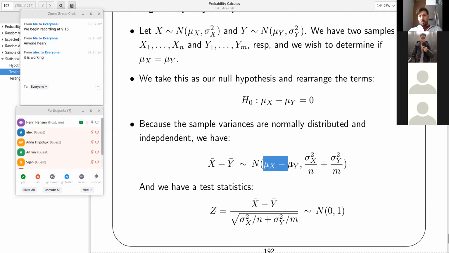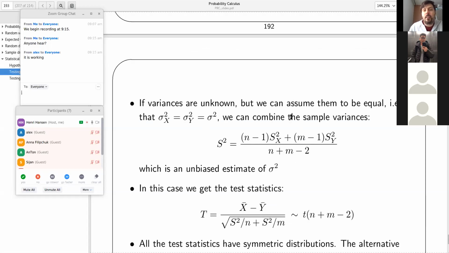So if we assume that these are the same, then this would be 0, and also the expected value of this difference of sample means is 0. This is under the assumption of the null hypothesis. If the null hypothesis is false, then obviously this is not 0, 1 normally distributed, because this one here doesn't have a 0 expected value.